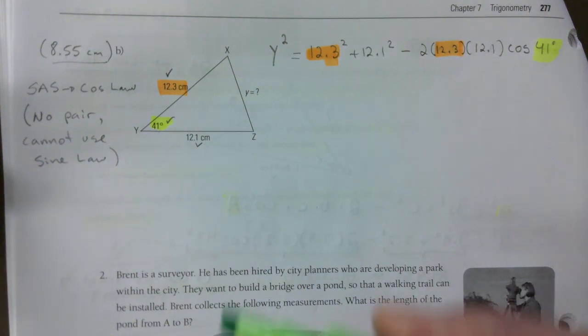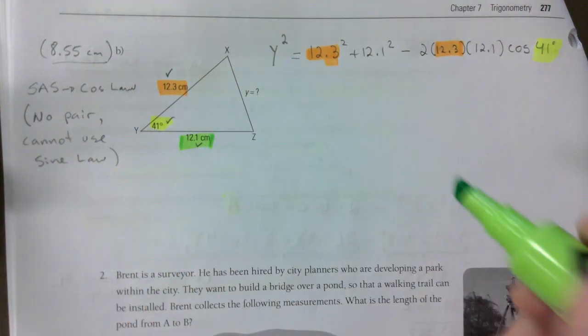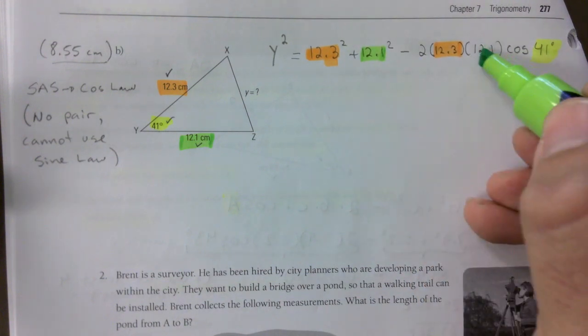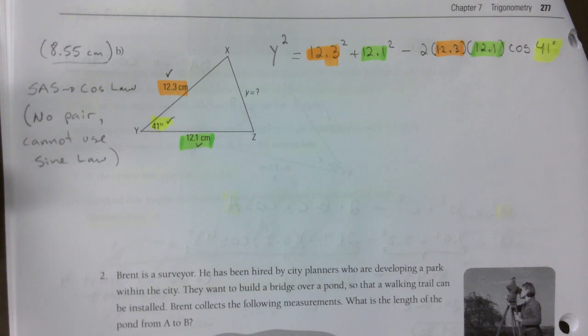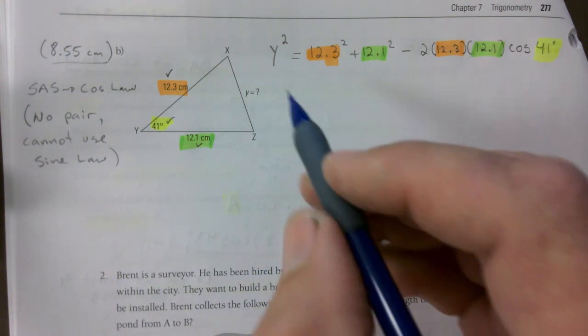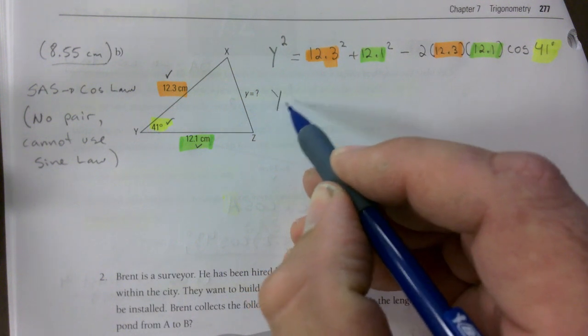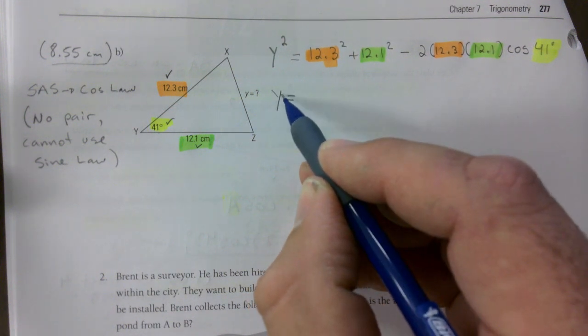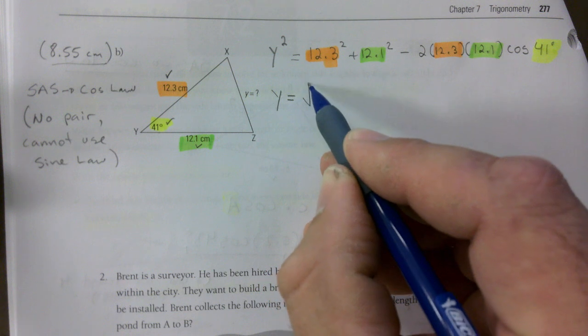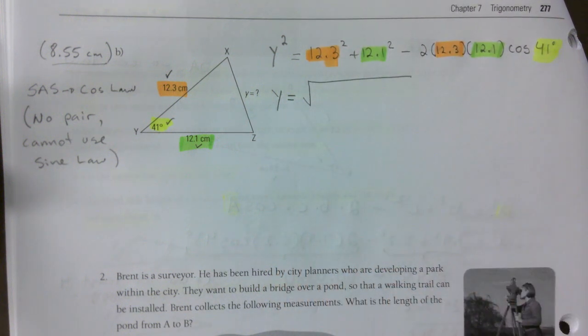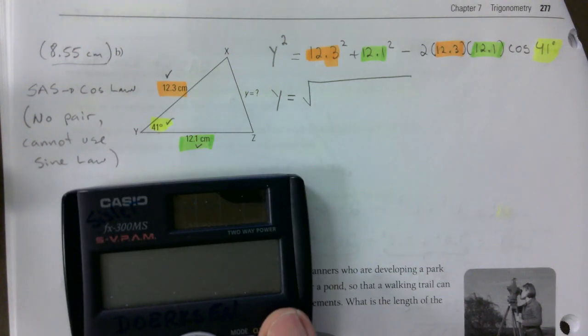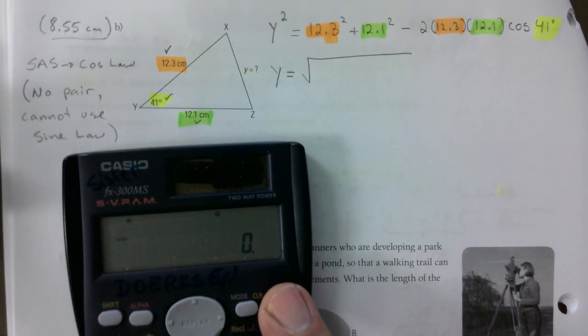And my third, this side shows up there and it shows up there. Okay. And now you can actually do the calculation. So y equals the square root of whatever I get if I type this in.